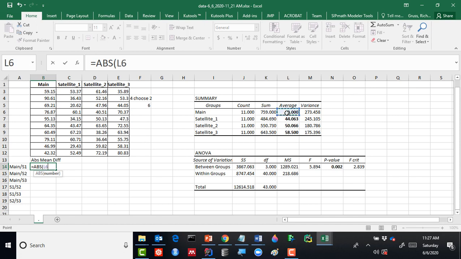So main minus satellite 1, in this case absolute value, main minus satellite 2. Absolute value, main minus satellite 3. Okay, oops, wait.